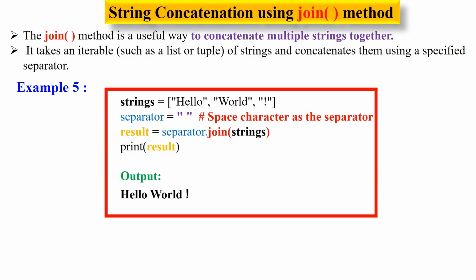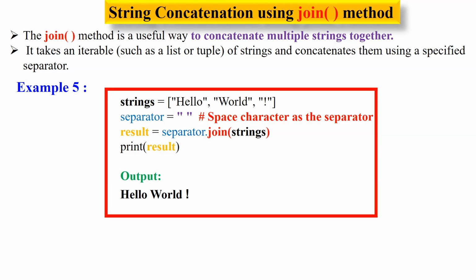Now, look at the code. In this code, we have a list strings containing 3 strings: hello, world, and exclamation point. Remember, lists are enclosed in square brackets. In the second line, we specify the separator as a space character. In the third line, the join method is then called on the separator, using strings as the iterable.